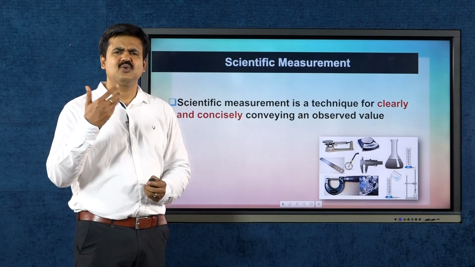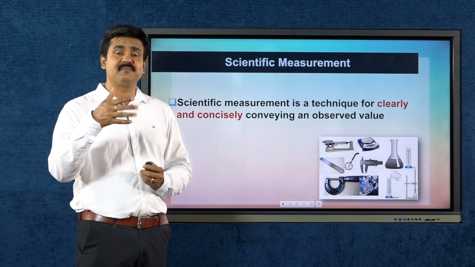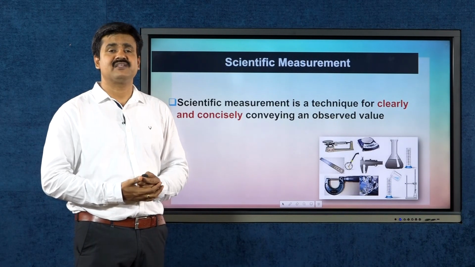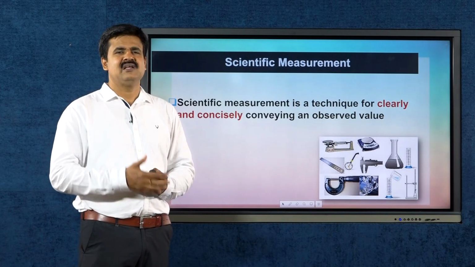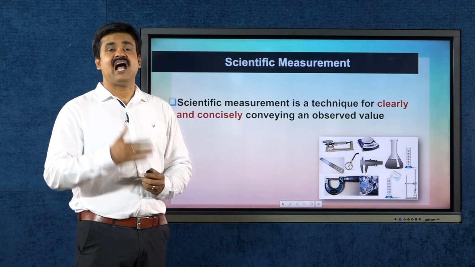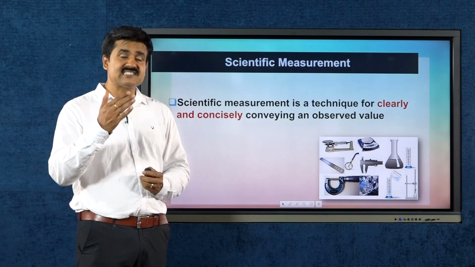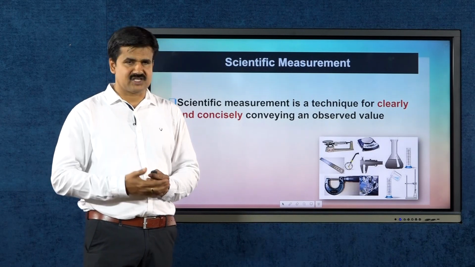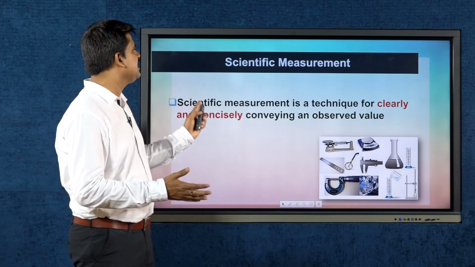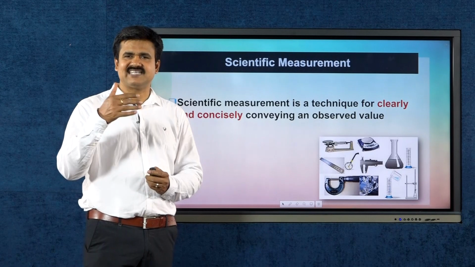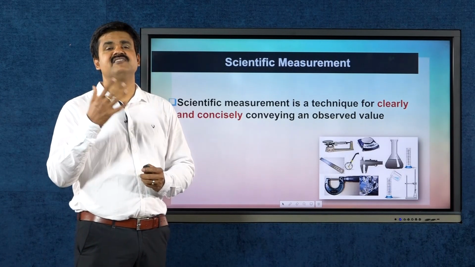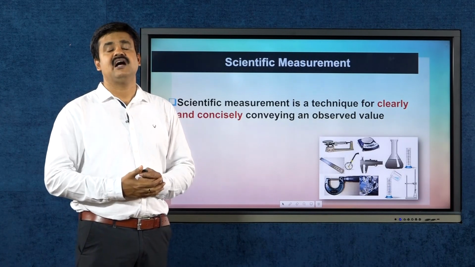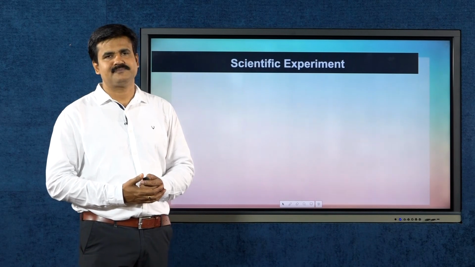And there are so many instruments. Temperature can be measured with the help of a thermometer. So, after observation, another part of the systematic way to study science is scientific measurement. We can say a scientific measurement is a technique clearly and concisely conveying an observed value.